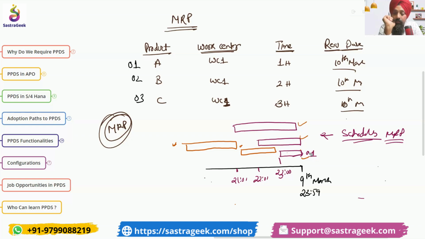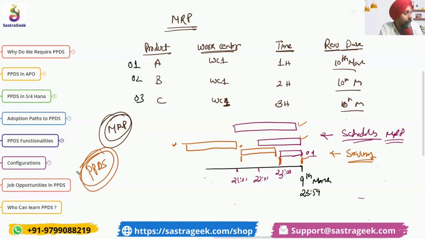If you require that kind of sequencing of operations, the exact sequence, what time to start and what time to finish, this is called detailed scheduling. If you need this kind of detailed scheduling from the system, MRP does not support it. PPDS is the tool which will support this. That is one scenario where MRP does not support.